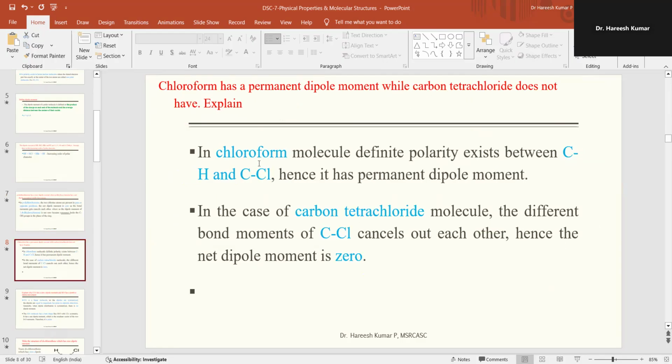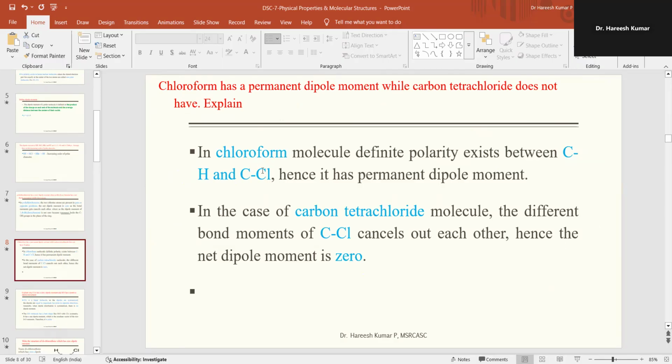Then let's take one more example, that is, chloroform has a permanent dipole moment, while carbon tetrachloride does not. So chloroform means CHCl3. You know that three chlorines are attached to the carbon, and one hydrogen is there.